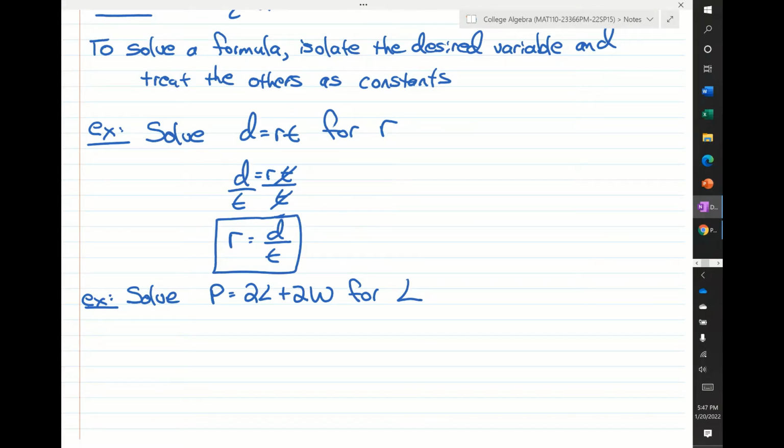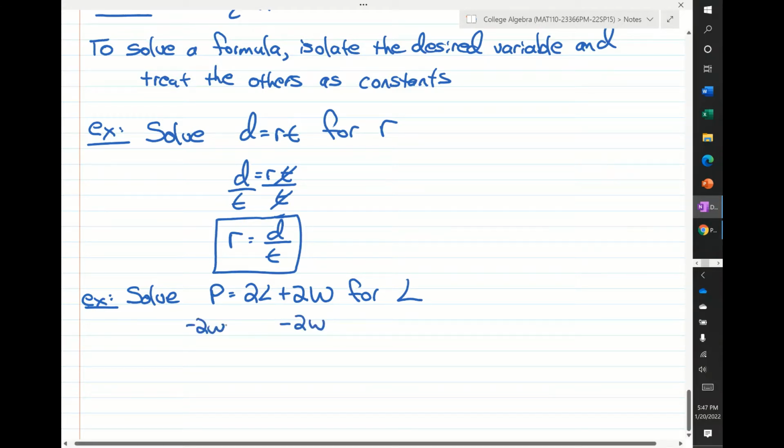Generally when we're solving equations, what we do is work from the outside in. So let's start with getting rid of the 2W. First thing we could do is subtract the 2W and bring it on the other side. We wind up with 2L is equal to P minus 2W.